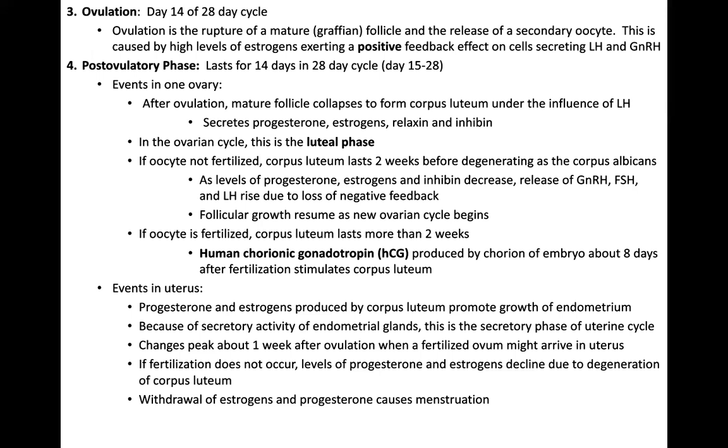This is the hormone that when a female pees on a stick, they're testing for. Okay, so if you've ever seen a pregnancy test or the box that a pregnancy test comes in, more than likely you'll see testing for HCG, human chorionic gonadotropin.